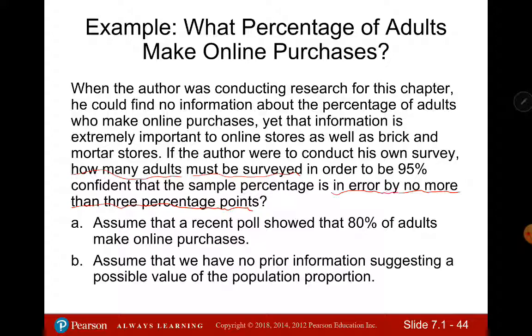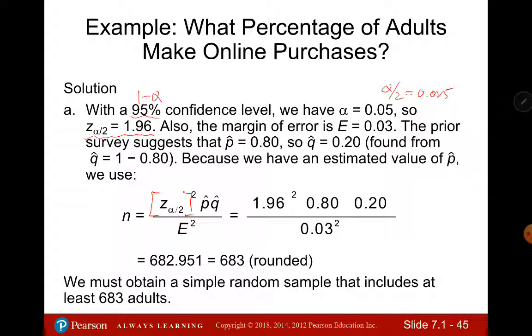The error is no more than 3 percentage points, which means the margin of error is no more than 3%. The maximum error is 3%, right? So the maximum error, the margin of error, is 3%. So we will use 3%, 0.03, as our margin of error.